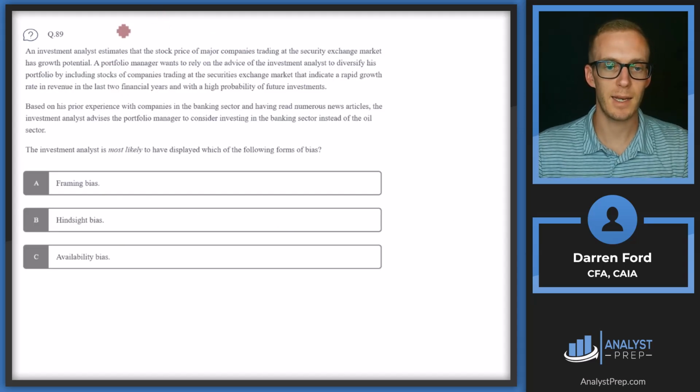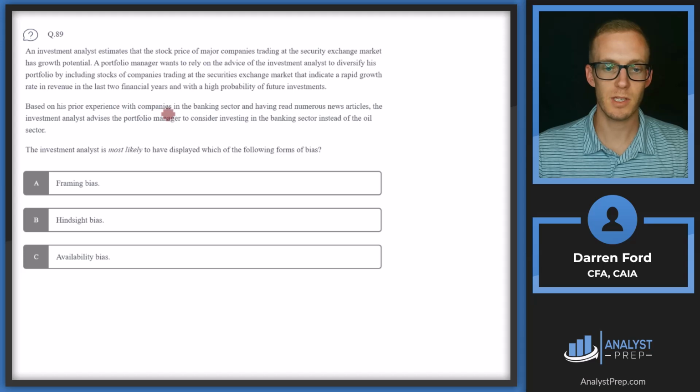Question 89. An investment analyst estimates that the stock price of major companies trading at the security exchange market has growth potential. A portfolio manager wants to rely on the advice of the analyst to diversify his portfolio by including stocks of companies trading at the securities exchange market that indicate rapid growth rate in revenue in the last 2 financial years and with a high probability of future investments.